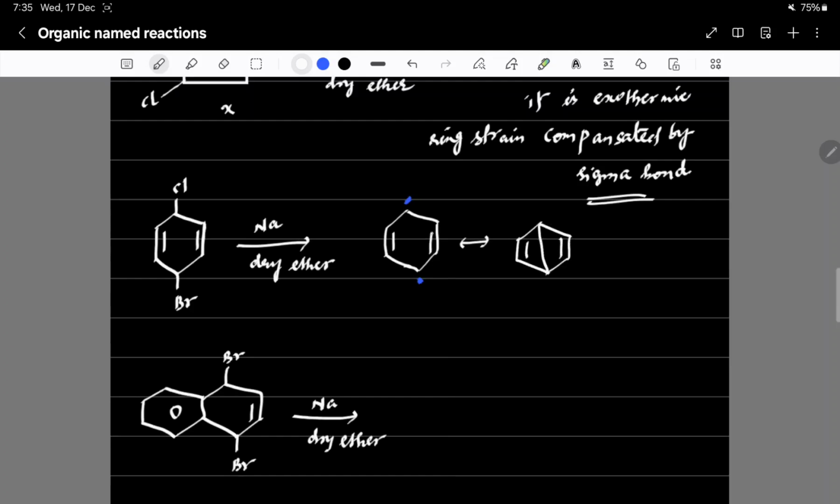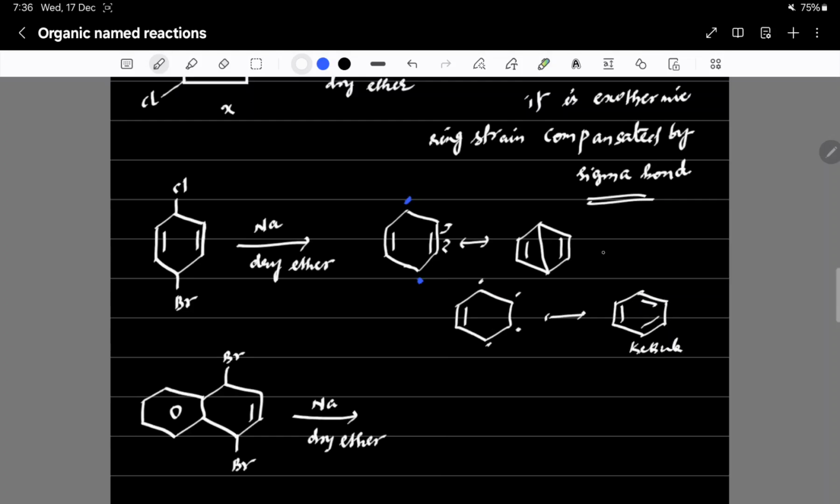Or else you can do one thing, students: it undergoes homolytic cleavage, then it will form this. Look here, there will be a double bond here, I will write. Now this free radical and free radical, and this free radical and free radical. Then, students, we get the compound benzene as the possible product, right? So benzene is the major product only, this is the Kekule product.